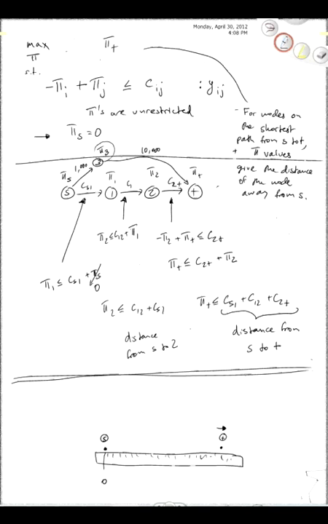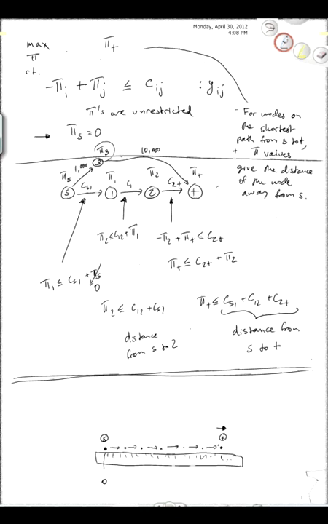And what's going to happen when it gets pulled tight is that the shortest path from S to T is going to get pulled to be exactly parallel to this ruler. So these are going to be all the nodes on the shortest path from S to T.